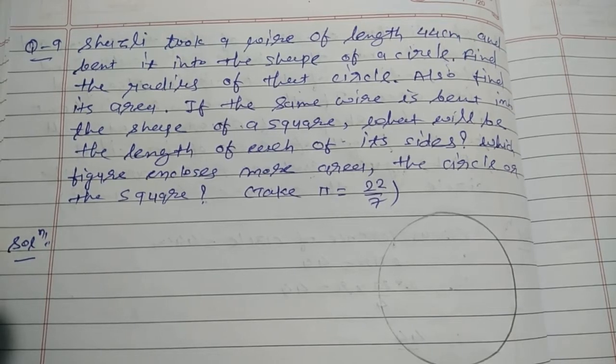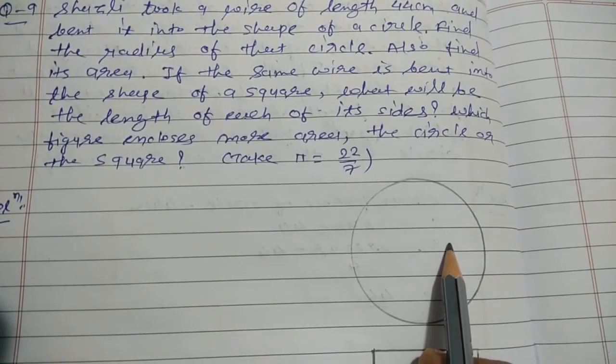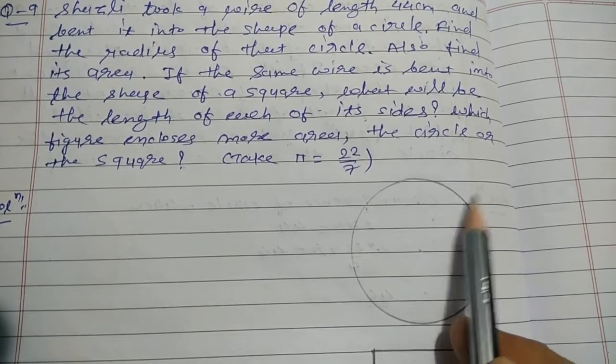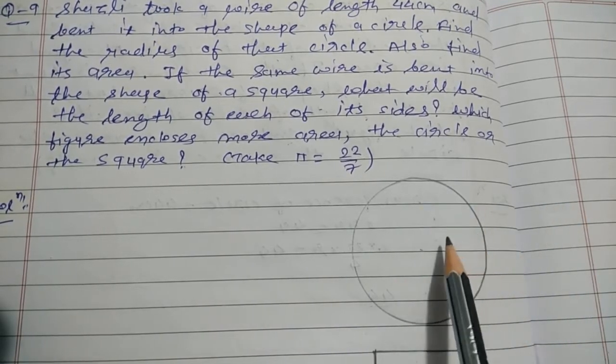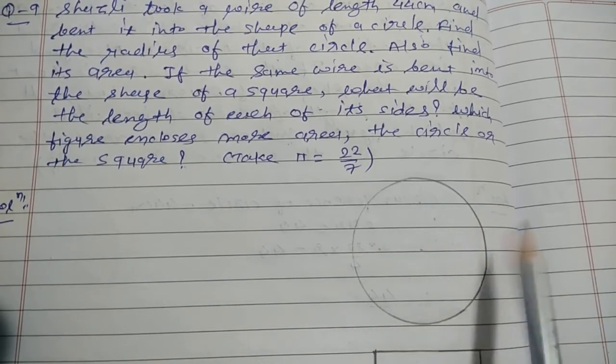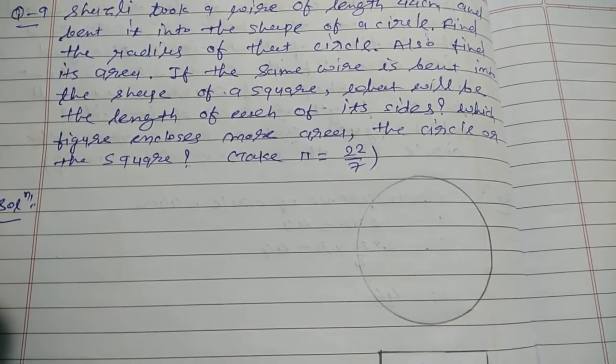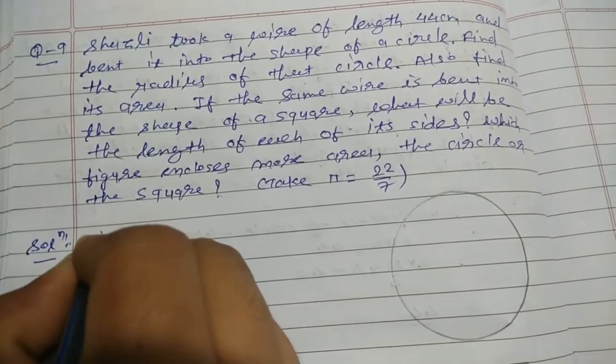So here Sajli took a wire of length 44 cm and bent it into a circle. That means the length of the wire and the circumference of the circle are the same. That is, the circumference of the circle is 44 cm.